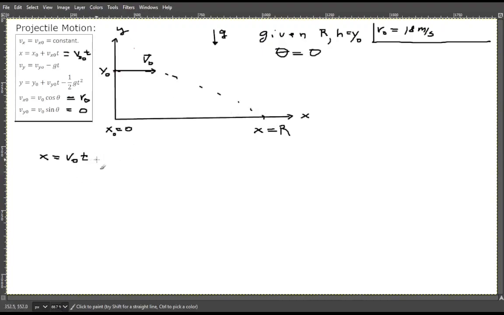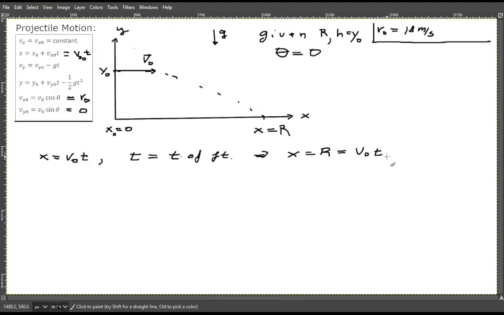Okay, so we got that. What are we trying to verify here? We're trying to verify this V0. So if I knew that t was equal to that time of flight, then I would have the range, x, equal to V0 t at that time, if I knew what that time was.